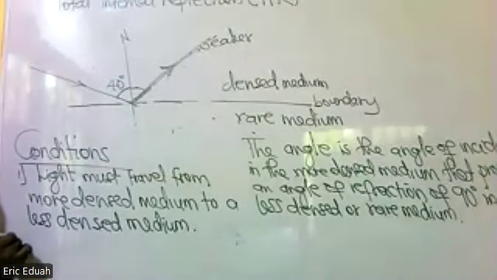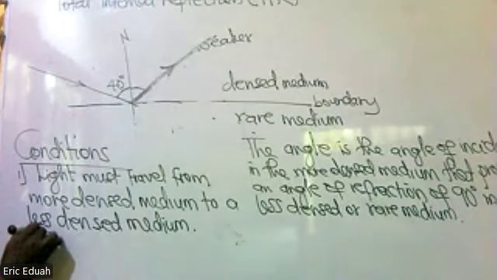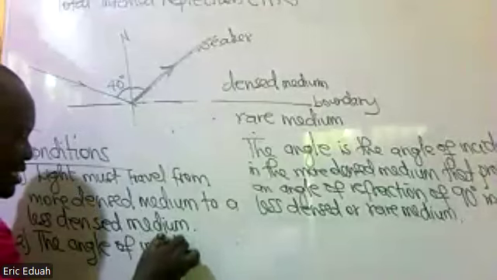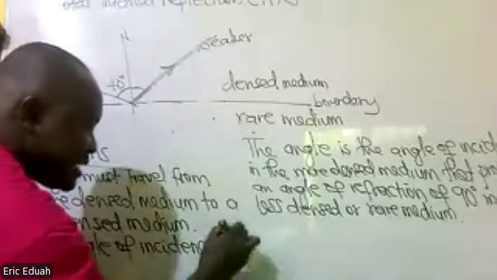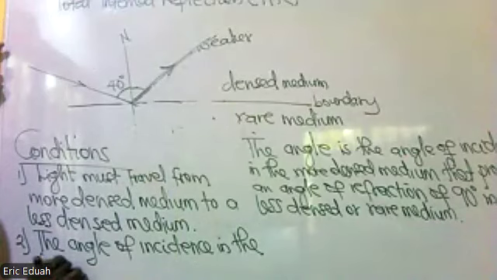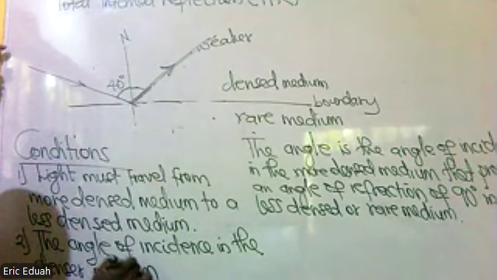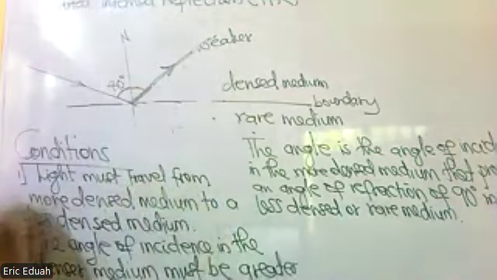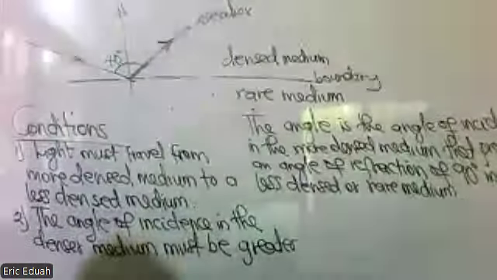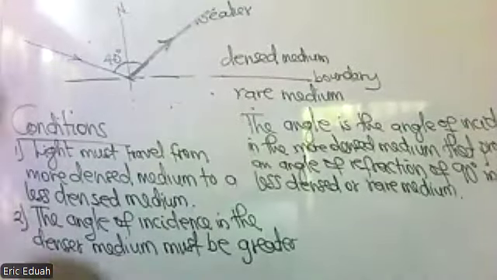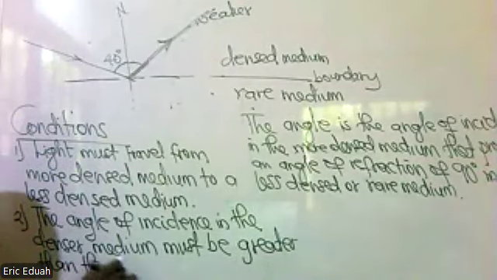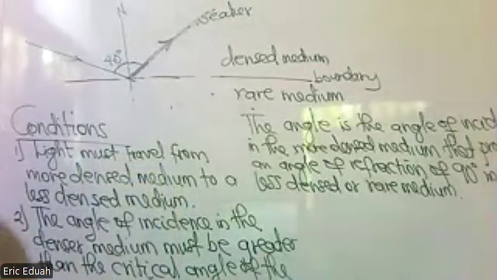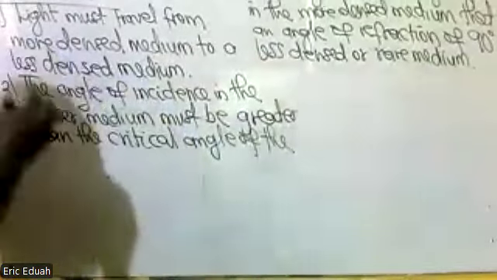So that's the first condition. Two, the angle of incidence in the denser medium must be greater than the critical angle of the material.